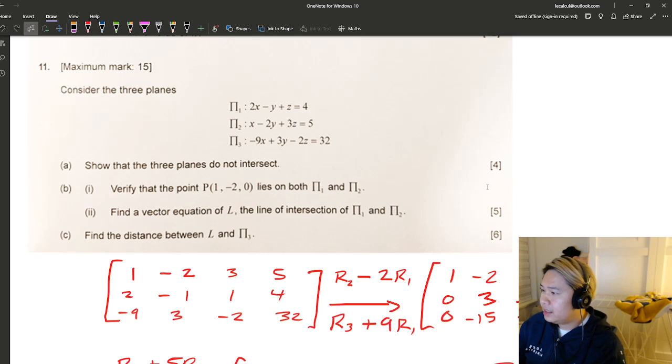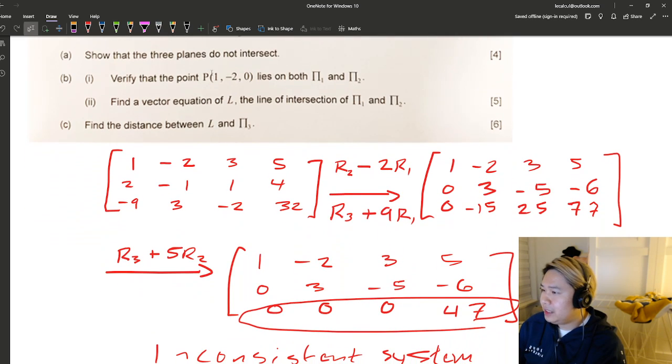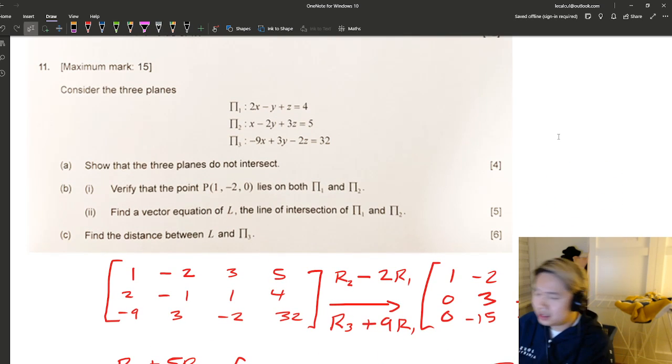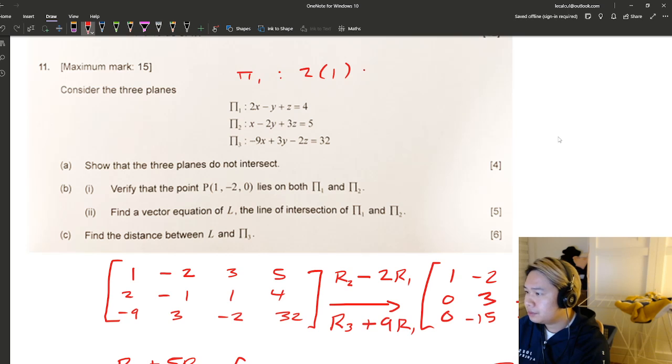Okay. Then verify that point P, however, does lie in both the first and second plane. So verification is easy. You have x, y, z, just plug it into each. For plane 1, we have 2 times 1 minus negative 2 plus 0. Does this equal 4?